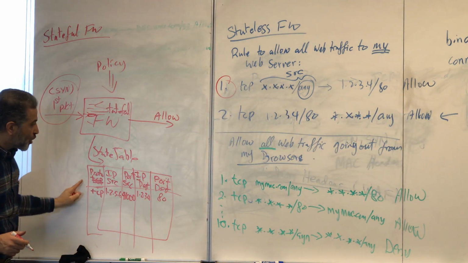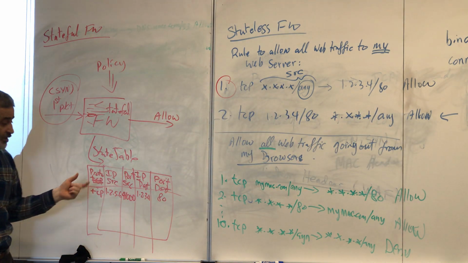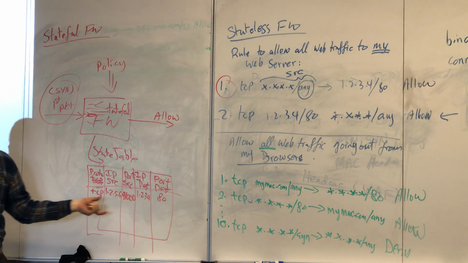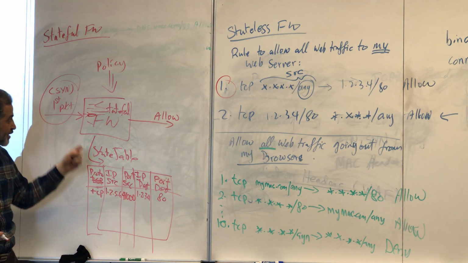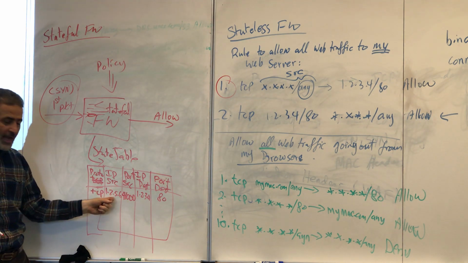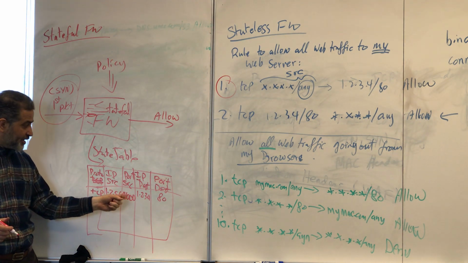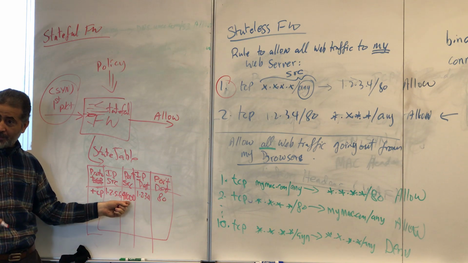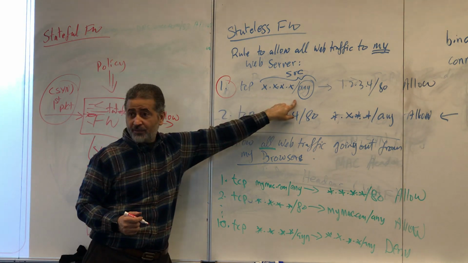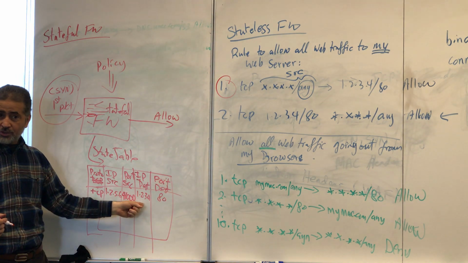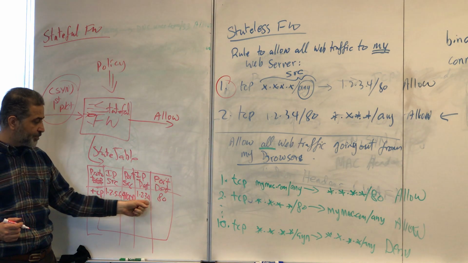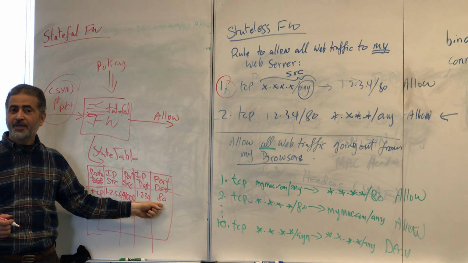But at the same time, it records it into the state table. It records the concrete values of that packet: the exact source, the exact port it is coming from, and of course the destination IP and destination port.